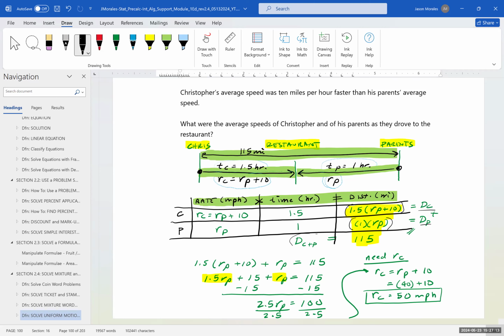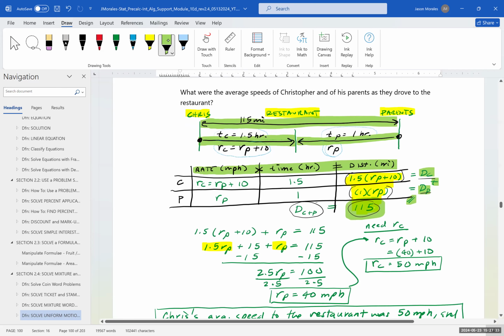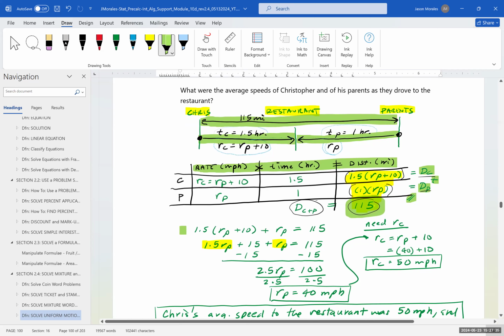And we know that the total distance between Chris and his parents' house is 115. And like I mentioned earlier, the distance of Chris plus the distance his parents traveled is equal to the total distance between their houses. So that's what I set up down here.